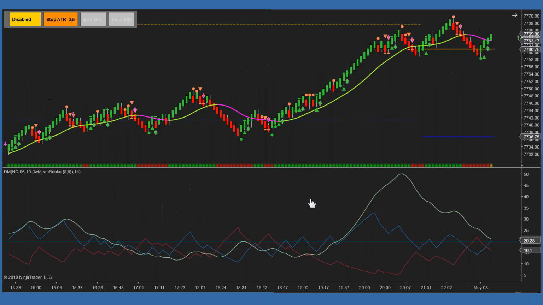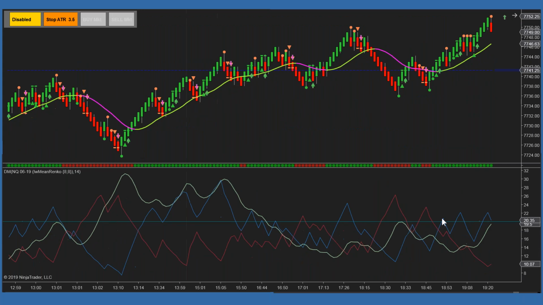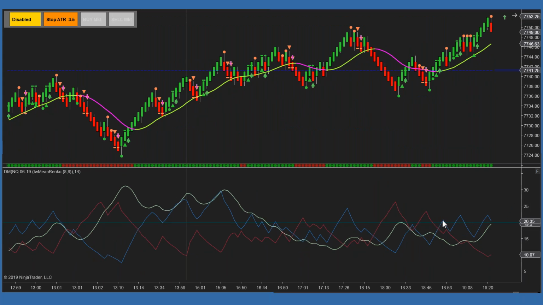Now, this kind of situation where I just showed you right here, this is ideal. This kind of situation here is a little bit more difficult to interpret, where we had a bearish peak, a bull peak that didn't exceed this one.